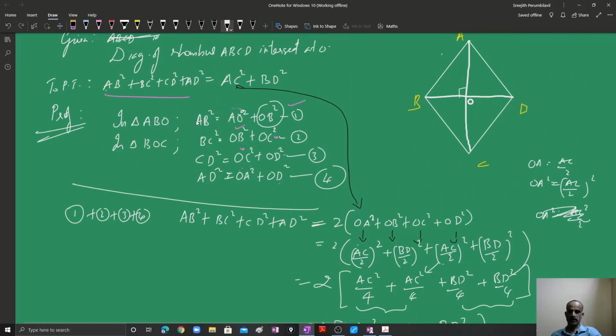So it is nothing but expressing each of them in terms of the diagonals. Everywhere you can see right angle triangles. Why? The diagonals are perpendicular bisectors. So we use that and add all of them. Simple thing, just remember that way. So, converting OA in terms of AC.